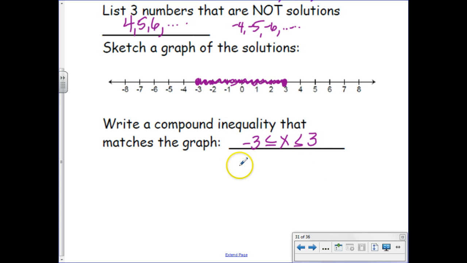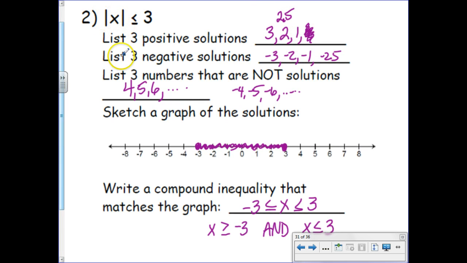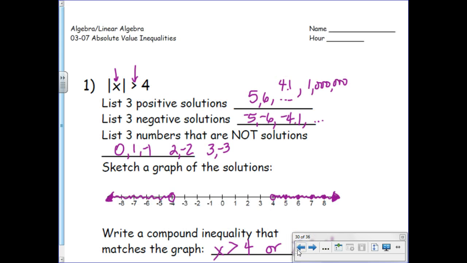Now, sometimes we can also write it with two separate inequalities, so maybe I'll do it that way. I can say x is greater than or equal to -3, and at the same time, x is less than or equal to 3. Okay. Now, how does this all play out? Well, notice how this compared back to what happened when I had my original inequality up here. And in fact, I'm going to hop back to that first example.